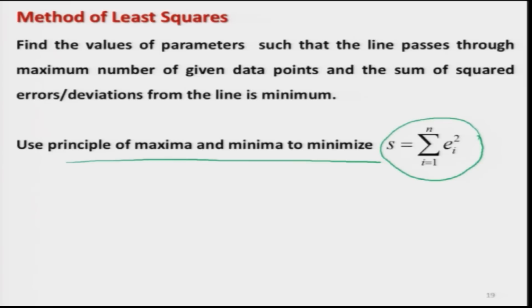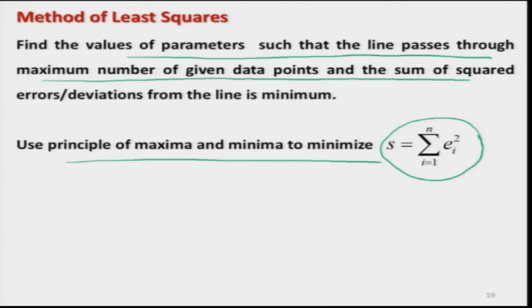I want to find the values of parameters alpha and beta such that the line passes through the maximum number of given data points and the sum of squared deviations or errors from the line is minimum.